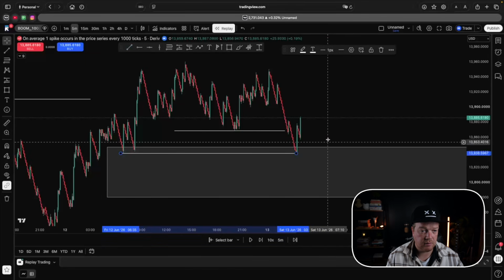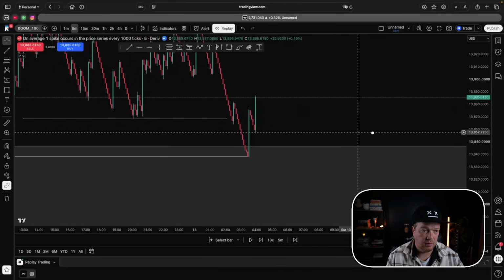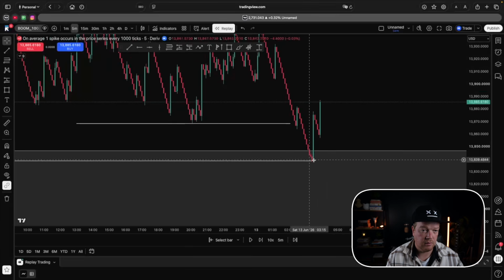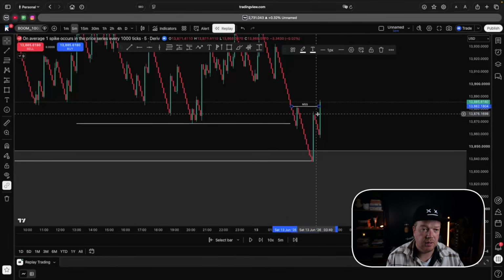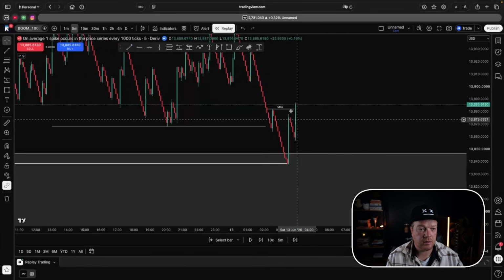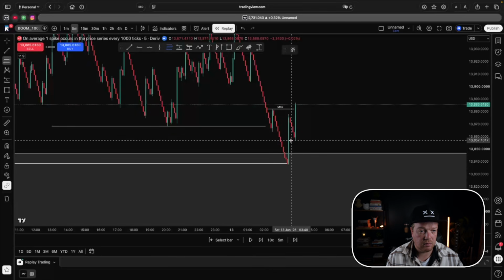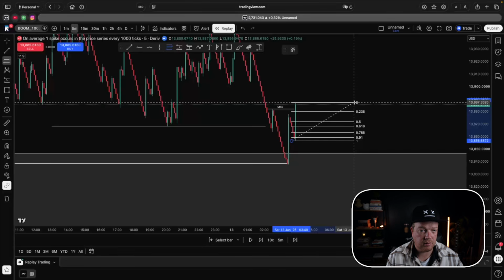Liquidity has been taken right over there. Cool. We had a market structure shift on the 5 minute. And now where was the low that took out this high? It was this one right over here. Do you agree with me?